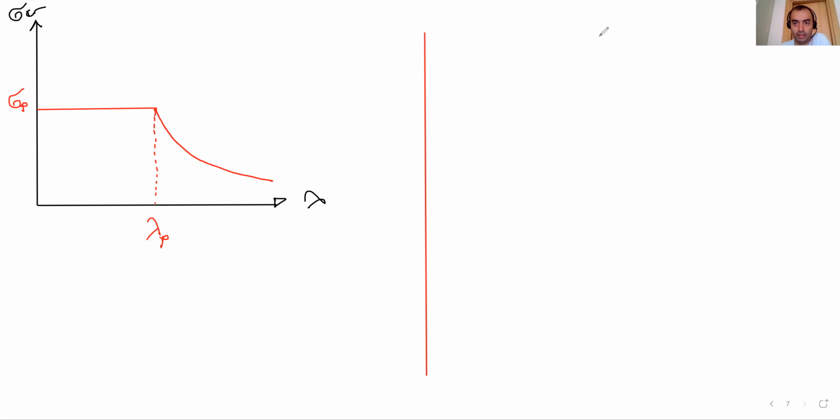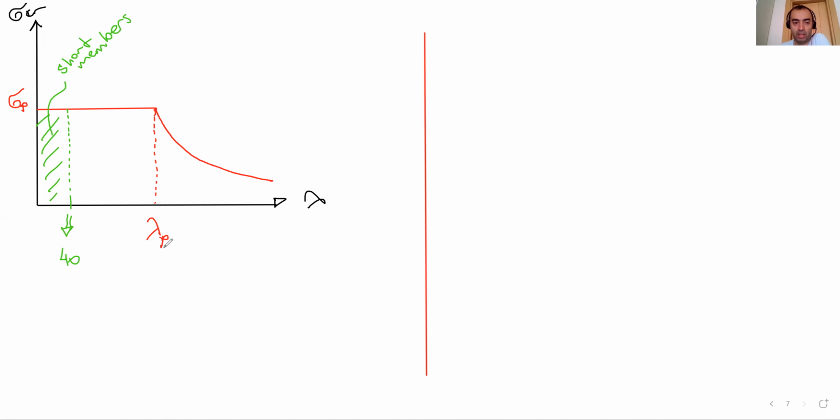If we divide the left portion into two sides, generally, if the lambda here is around 40, the smaller portion is for short members. Short members. Okay.